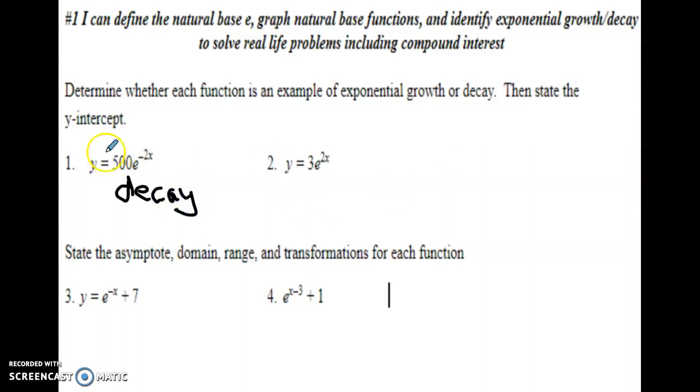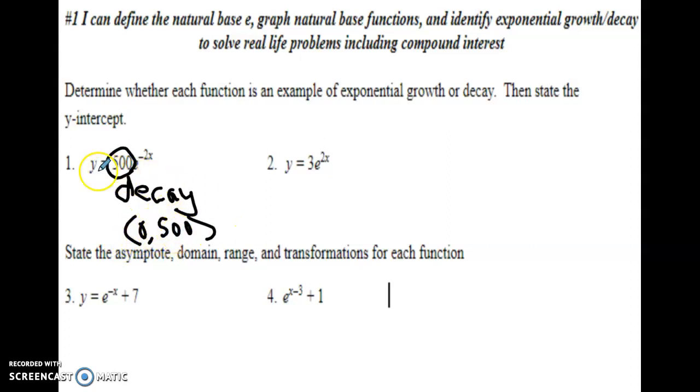The y-intercept for these functions right here, the parent function would be (0, 1), because it crosses at (0, 1). But where this is being multiplied by the 500, our y-intercept is then at (0, 500). And if you looked at a graph and you can't see the y-intercept, you could go to the table on the graph and see that when x is 0, y is 500.